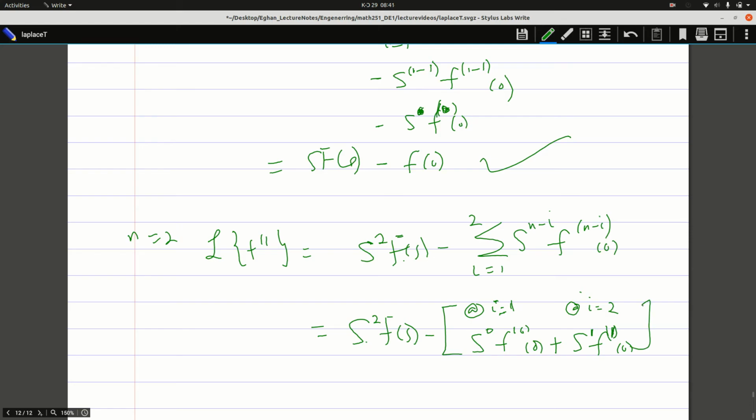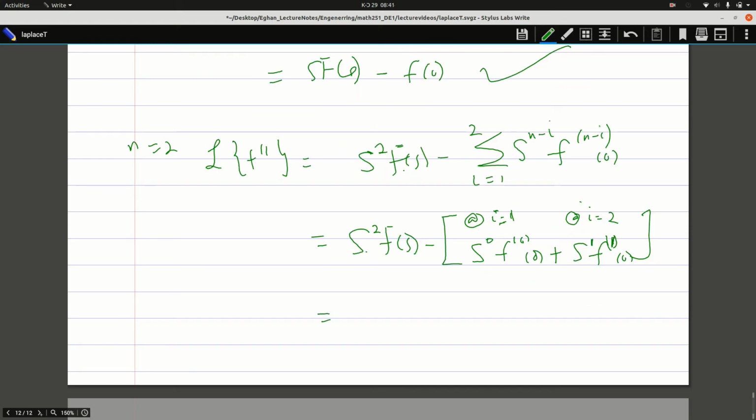This is equal to s squared F of s minus, this is an index, so s to the 0 goes to 1, so I have it as f at 0, since this is 0 and means there's no derivative.